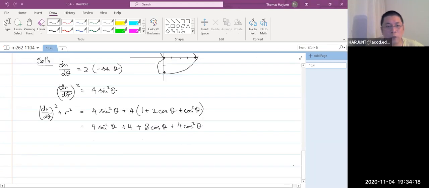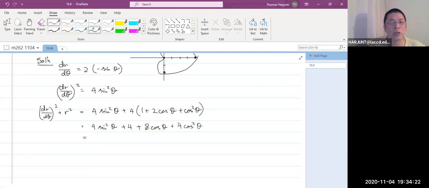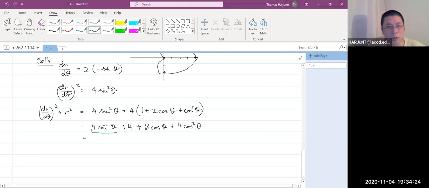Now, I wonder if you agree, you see that this guy plus this guy equals what? That equals 4. Together with this 4 becomes 8. This is 8 plus 8 cosine theta, which I can factor the 8.